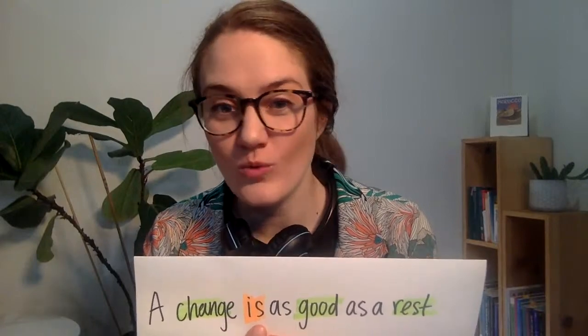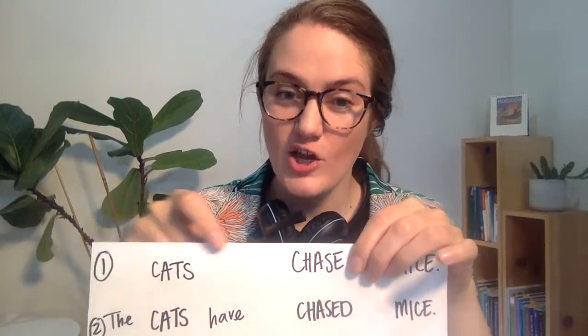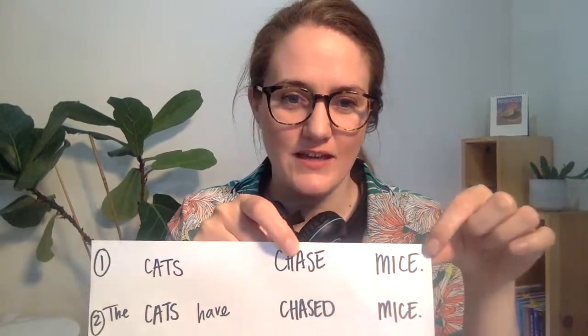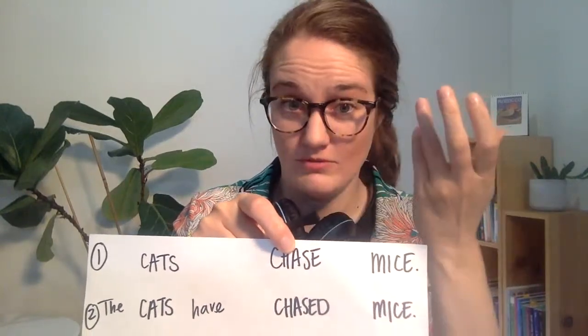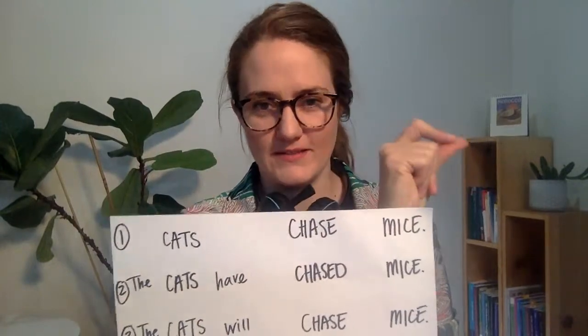English always needs a verb. Always, always. But this verb, chase, isn't only grammar. This verb has information. I know that the cats are running after the mice. So there's more information. So we have cats chase mice.